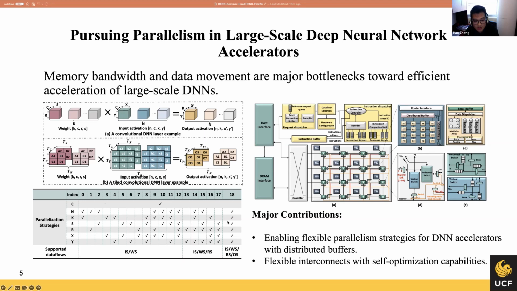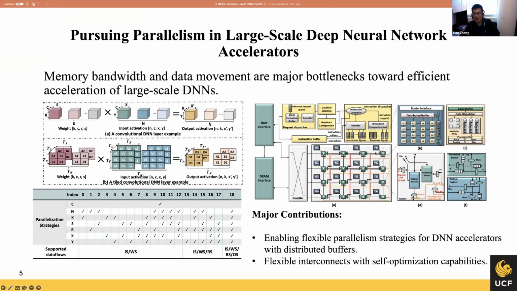This is the first question, because we have so many models with different matrix dimensions. How do we select the most appropriate data flow, the loop order, to reduce the memory access volume? And the second one, if we choose a combination of those parallelization strategies and map it onto the chip, how do we manage the data movement among those processing elements?